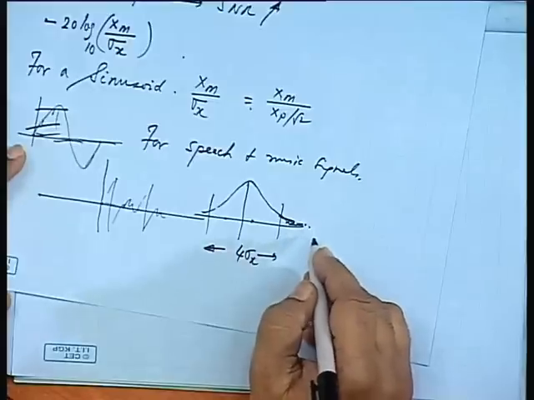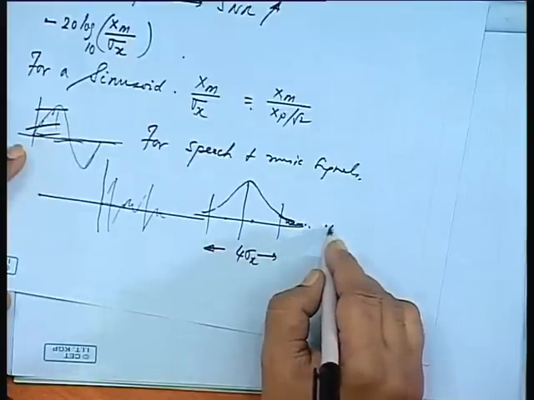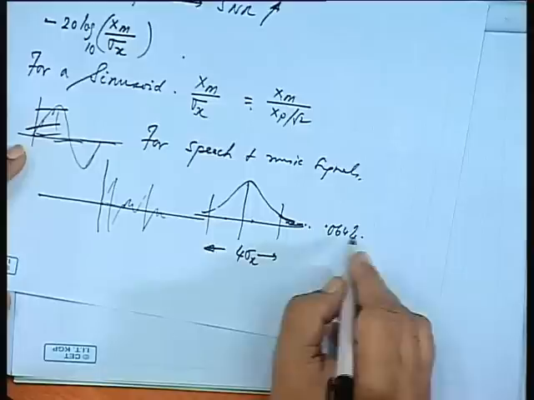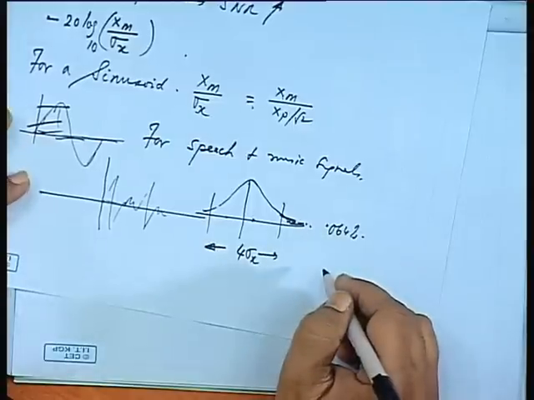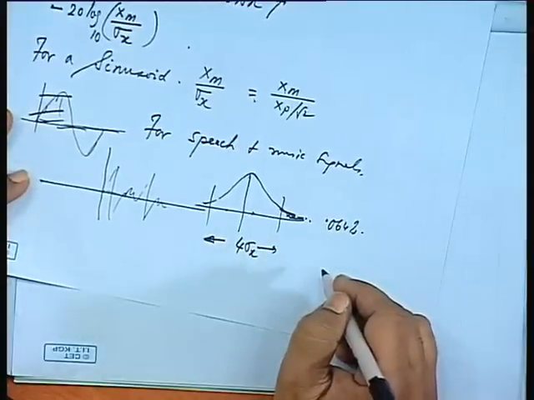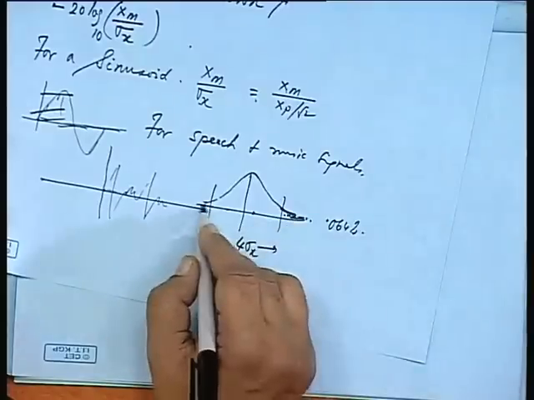It is about 0.064%, a very, very small fraction. Actually, 3 sigma covers more than 99%. So 0.064% above 4 sigma, so practically no signal is present here.